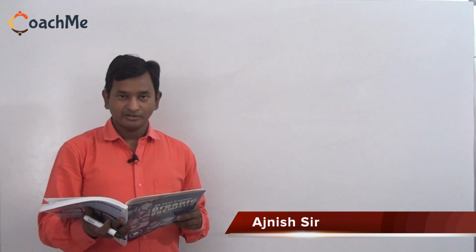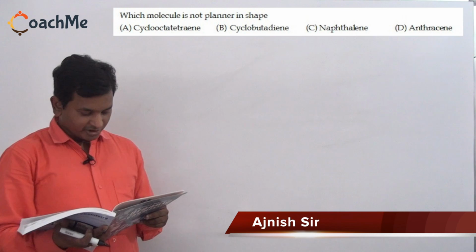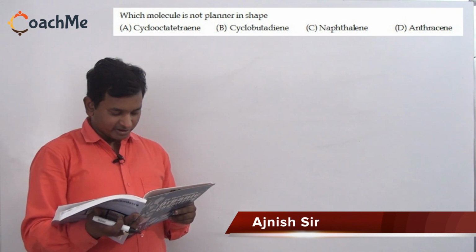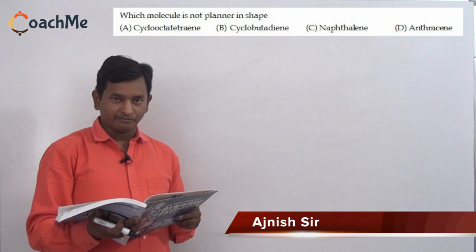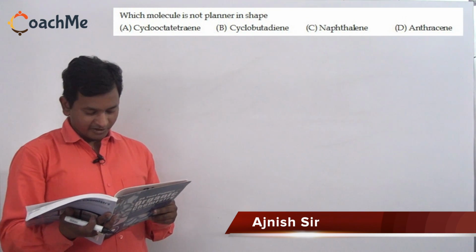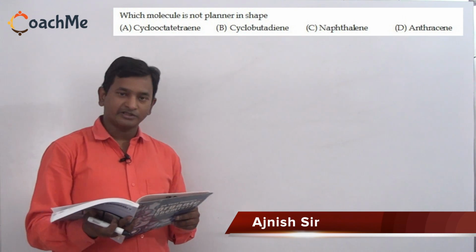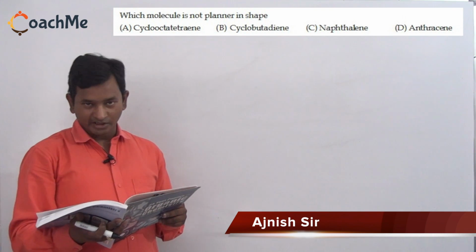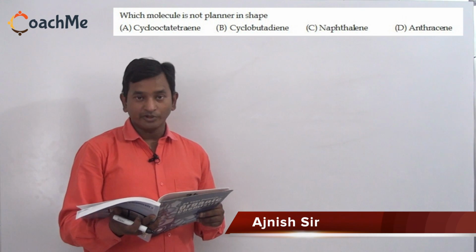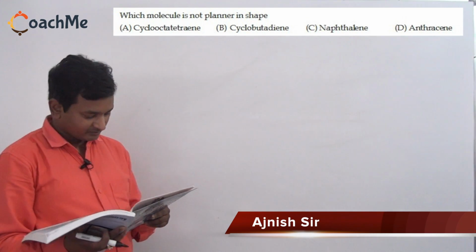Now the question is 6, which is again an SCQ. The question states, which molecule is not planar in nature? First, A, cyclooctatetraene, B, cyclobutadiene, C, naphthalene, and D is anthracene. Again, in this question, you have to remember the structure of these common names.